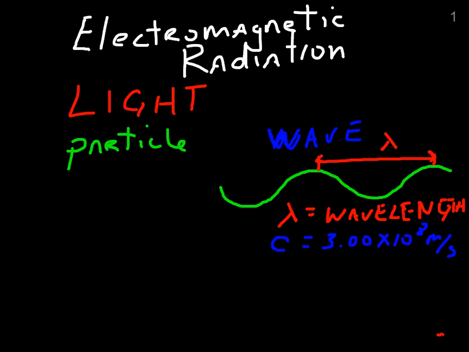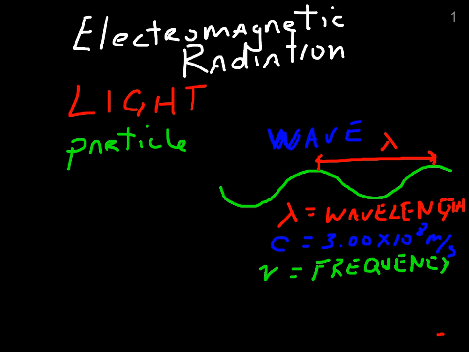The last variable is something called frequency, and it's written as a squiggly v-like letter, nu, lowercase. Frequency is a sort of odd unit.